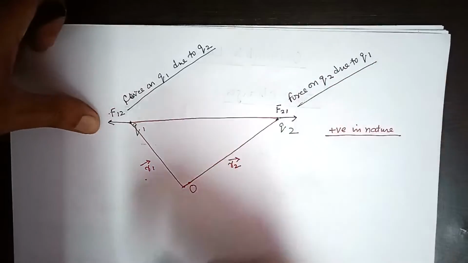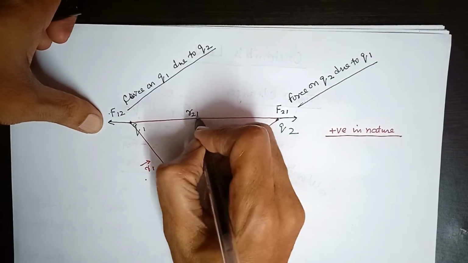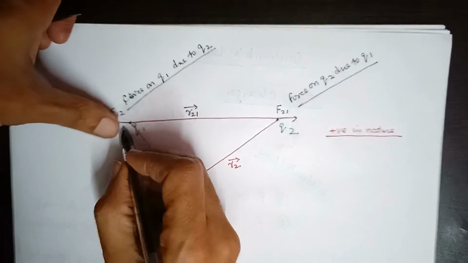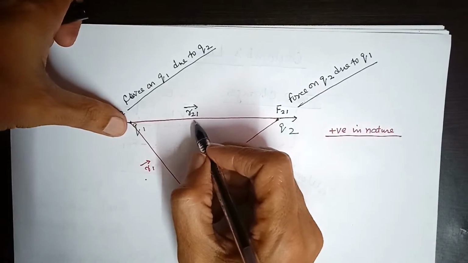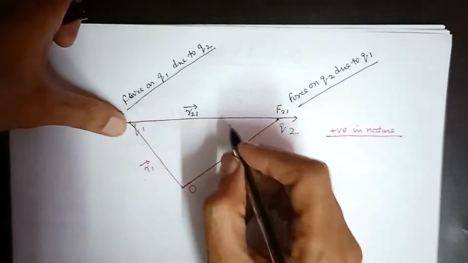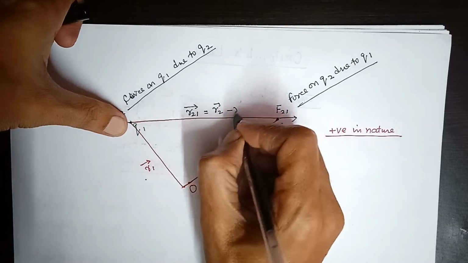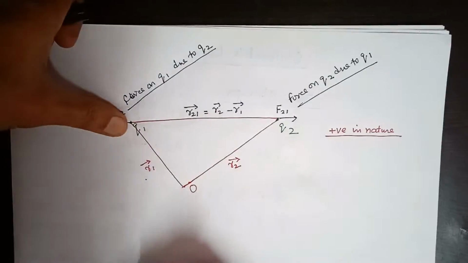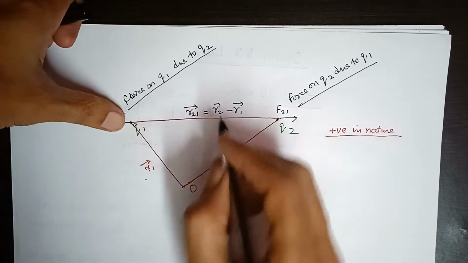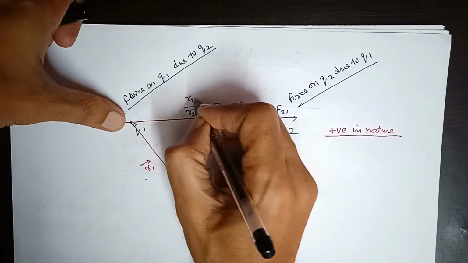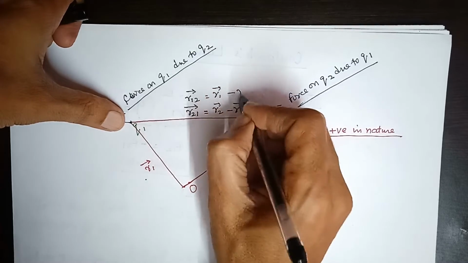Now, here R21 is the distance between Q1 and Q2. If we see R21 as a position vector, then R21 will be R2 minus R1. And if we see the R12 position vector, then this will be R1 minus R2.